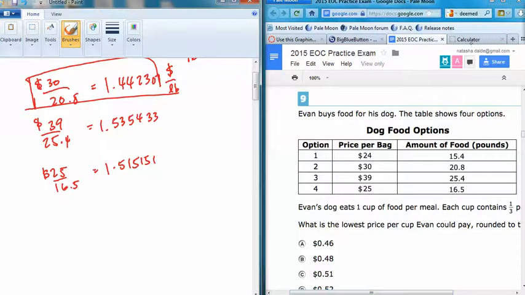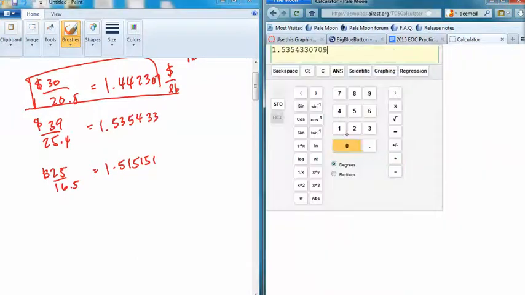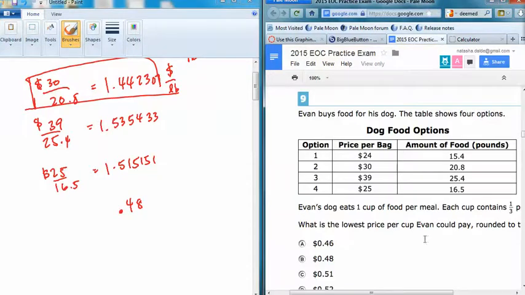So what's 1.44 divided by 3? 1.442307 divided by 3 is 0.48. Was that one of my options? 48 cents. Awesome. The answer is B.